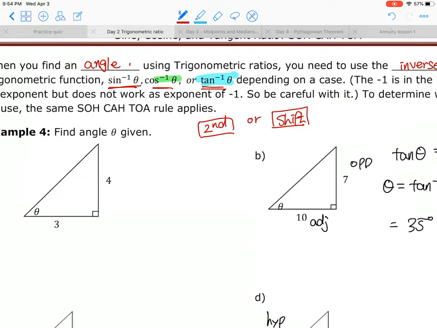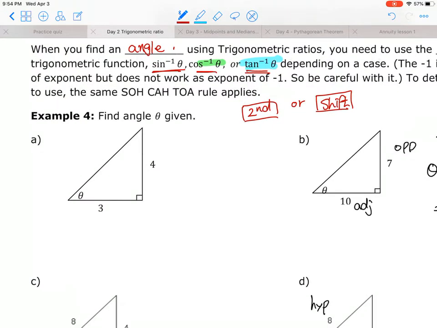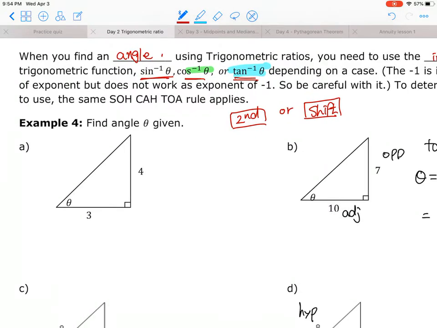But if it is the other way around, where you have to press 35 and then sine to get the ratio, then you have to do the same thing here. So you have to press 35, second or shift, and then the sine button for that calculator, okay? So we use this to find the angle, and this symbol right there, probably the first time seeing that, we call that theta, okay?